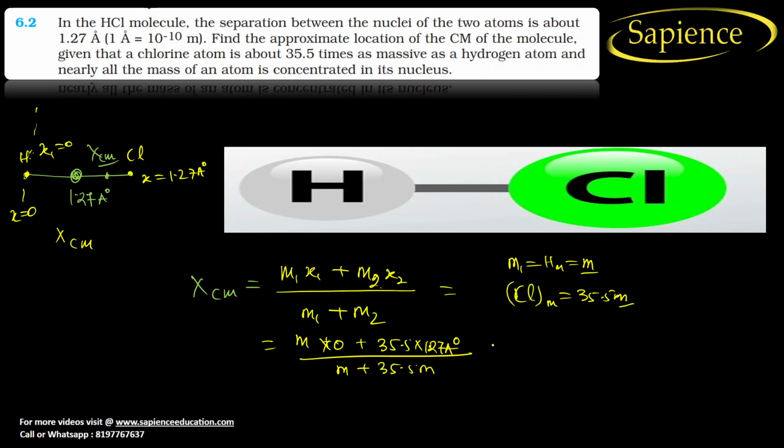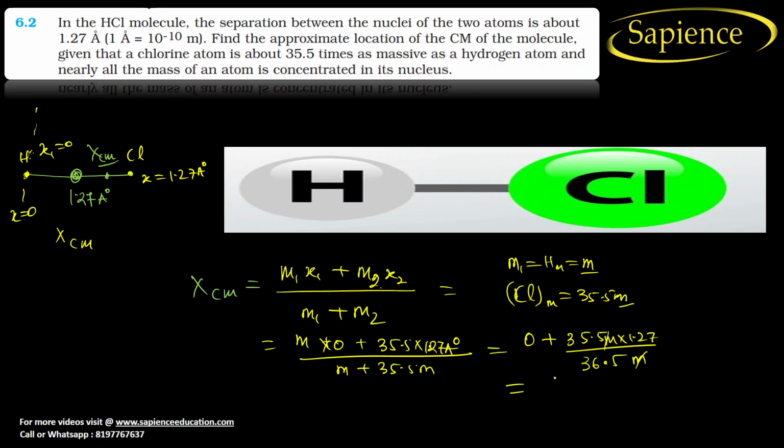So here we get 0 plus 35.5 m into 1.27, divided by 35.5 m plus m, so this is 36.5 m. The m cancels out.